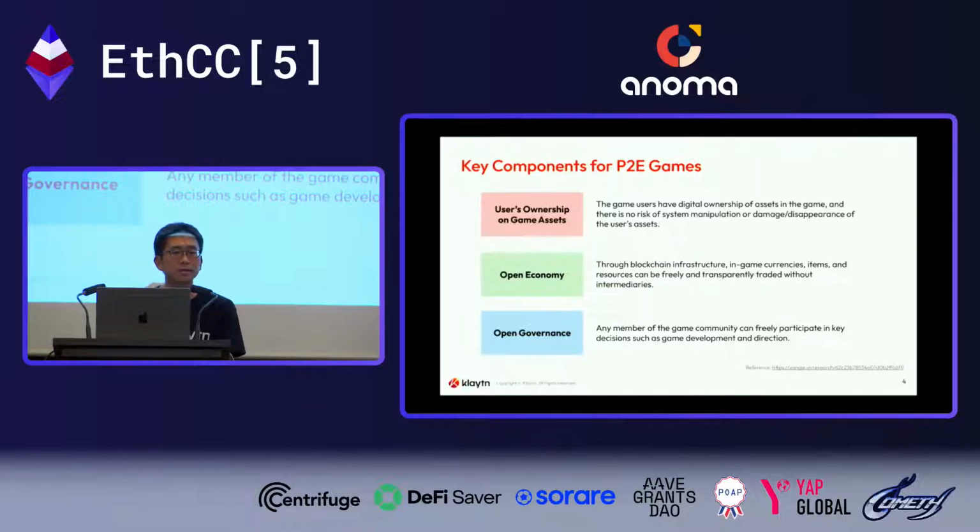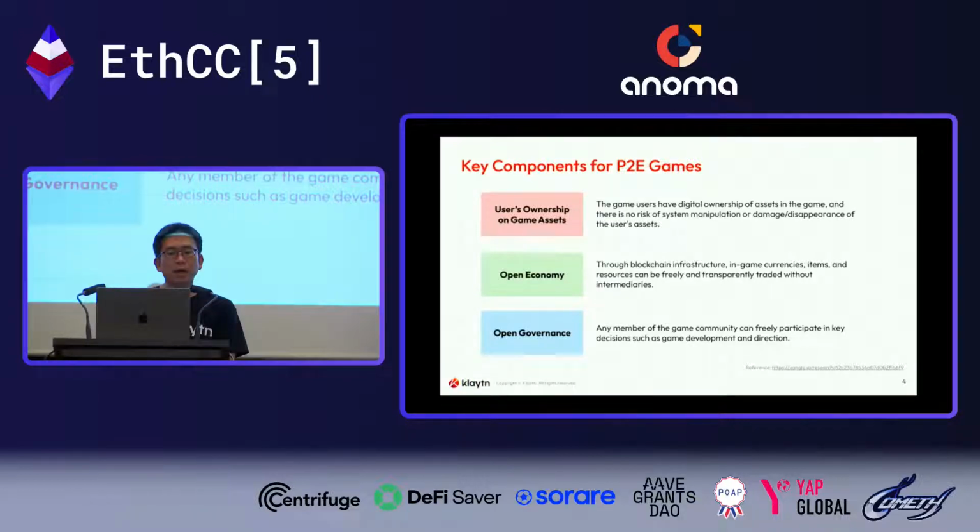The first point is users' ownership of game assets. The game users in P2E games own digital assets, the game assets in the game, and there should be no risk of system manipulation or damage or disappearance of these users' game assets. And the second important point is the open economy in P2E games.